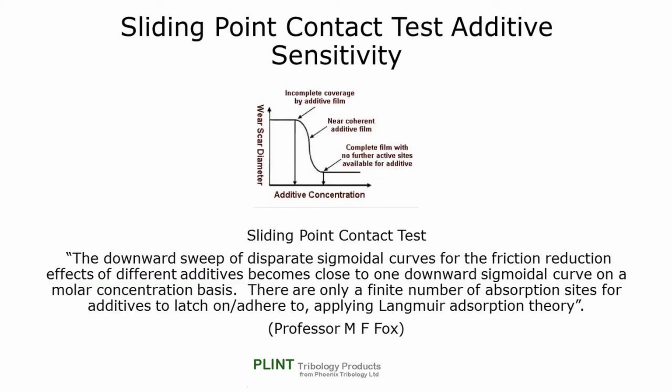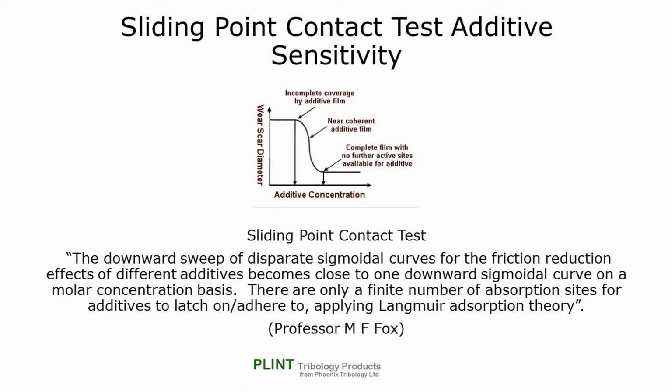Another feature of sliding Hertzian point contact tests is that they are relatively insensitive to additive concentration. Once a complete coherent additive film has been formed, increased additive concentration has no further effect.